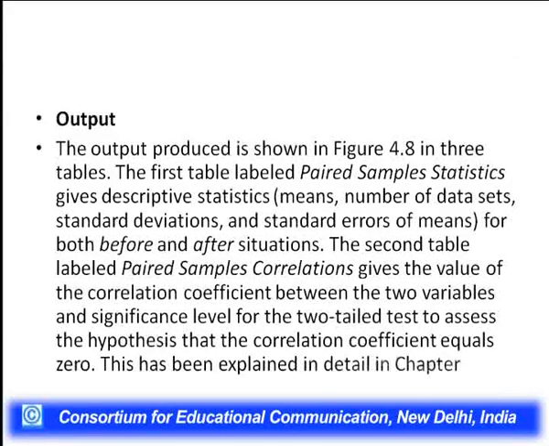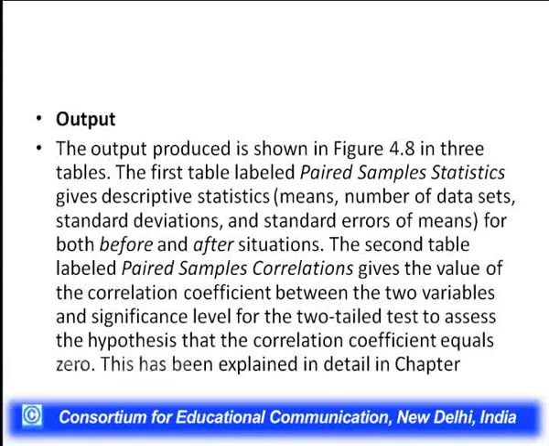Now coming to the most vital part, that is the output. The output produced is shown in figure 4.8, which we will be looking at right now, in three tables. The first table, labeled paired samples statistics, gives the descriptive statistics, that is the mean, number of data sets, standard deviation and the standard error of the mean for both before and after situations.